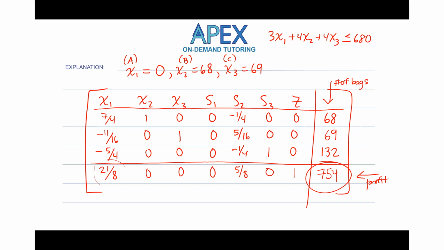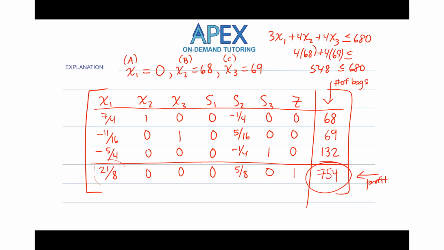And so if this is a reasonable solution, then we have to take 4 times 68 and add 4 times 69 and see what that is. So that's actually going to be 548. 548 is indeed less than 680.